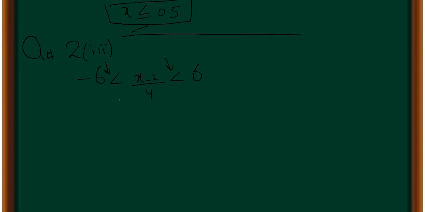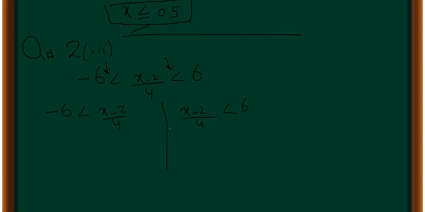Okay, so if there are two inequalities in an equation, you can break them into two parts like this: minus 6 less than x minus 2 by 4, and x minus 2 over 4 less than 6. From here you can find the value of x.